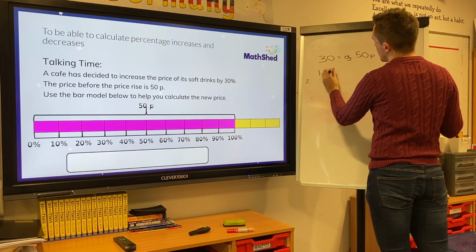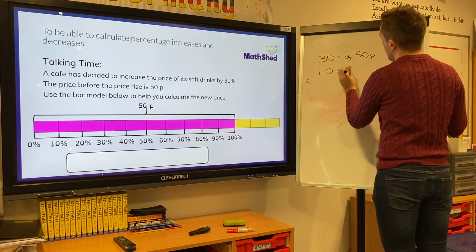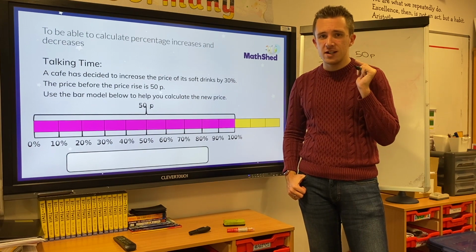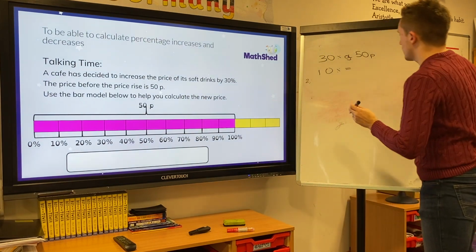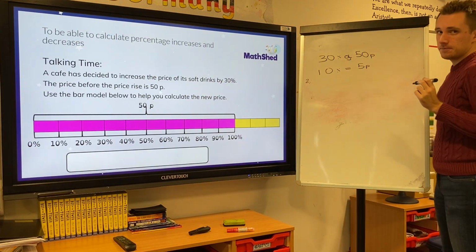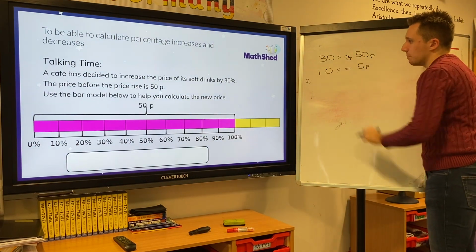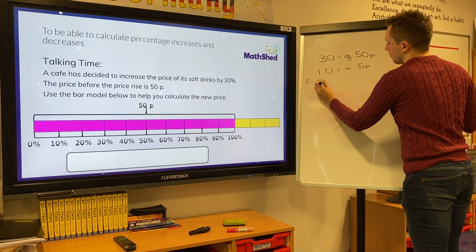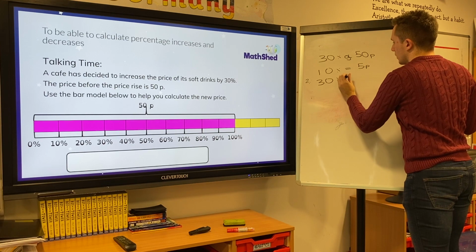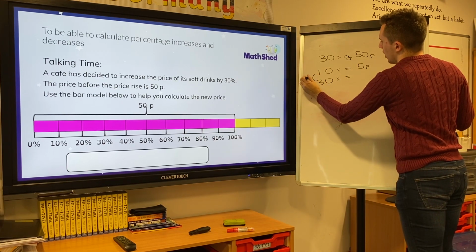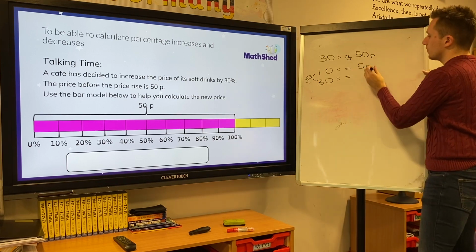But I could find 10%. How do I find 10% of a number? I divide the number by 10. So 10% is 5p. I don't want 10%, I want 30%. Well, how do I get from 10 to 30? I times it by 3.